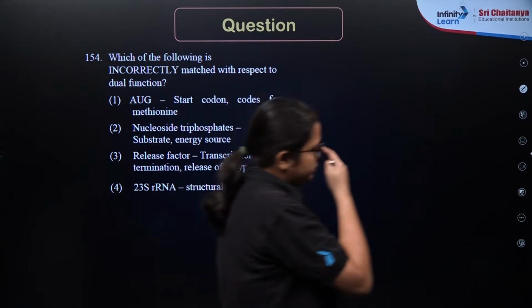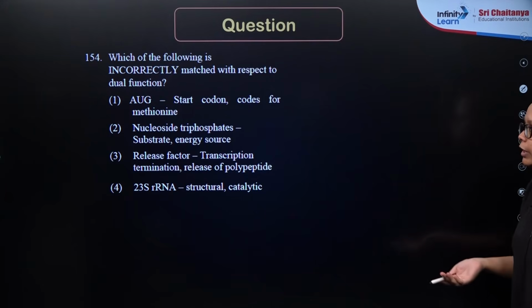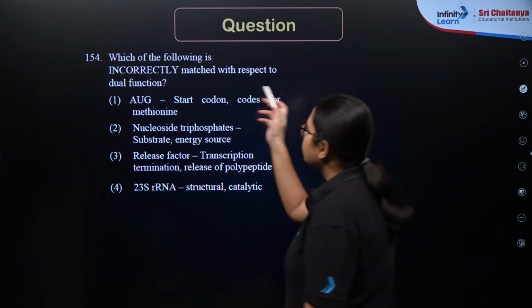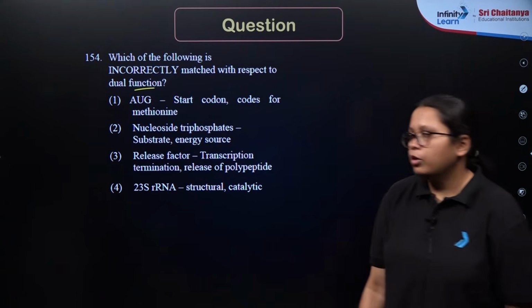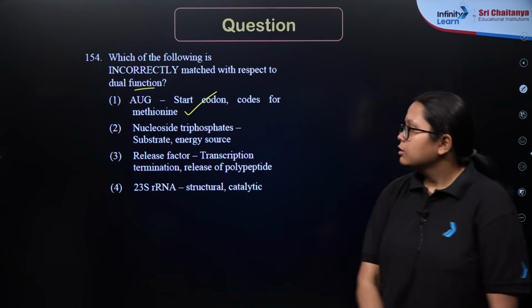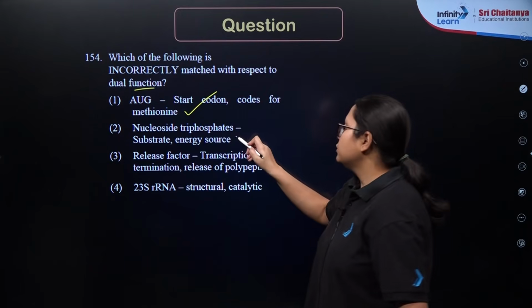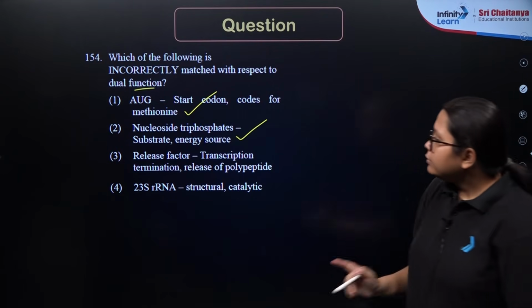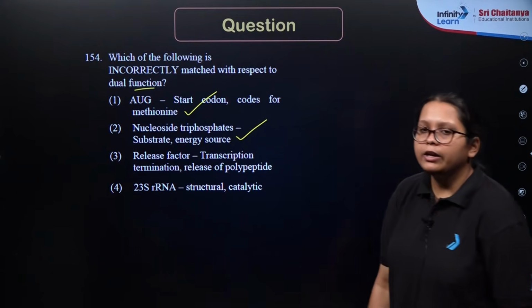Next question. Which of the following is incorrectly matched with respect to dual function? AUG is your start codon, it codes for methionine, correct. Nucleoside triphosphate is a substrate as well as an energy source, correct. Release factor, transcription termination, release of polypeptide.